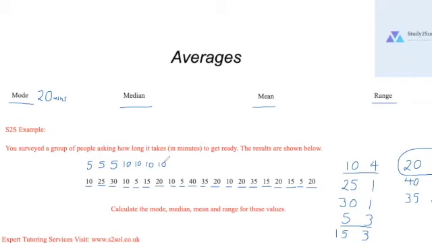Then we progress to the next highest number, which is 15. 15 was mentioned 3 times, so we're going to write out 15 3 times. The next highest value is 20, which we know is our modal average, as it was mentioned 5 times. So we're going to write out 20 5 times.